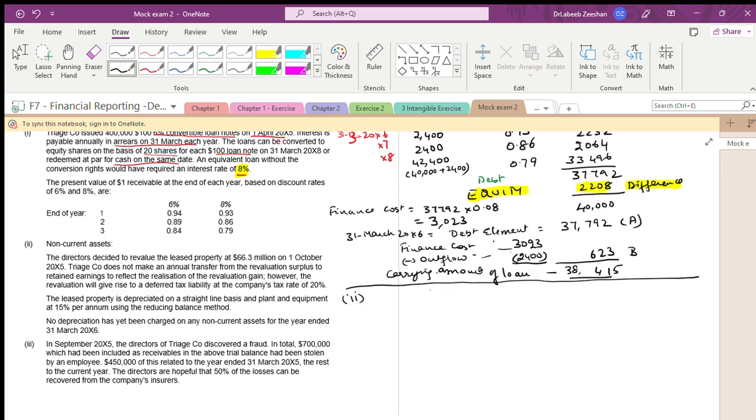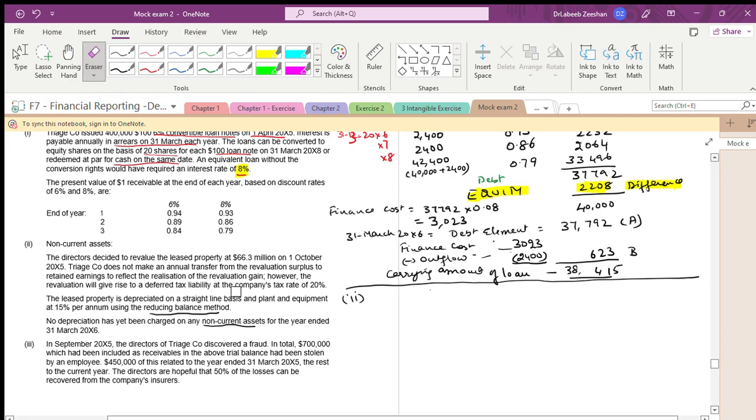However, the revaluation will give rise to a deferred tax liability at 20%. The leasehold property is depreciated on the straight line method and the equipment on the reducing balance method. No depreciation has been charged on any non-current assets for the year.